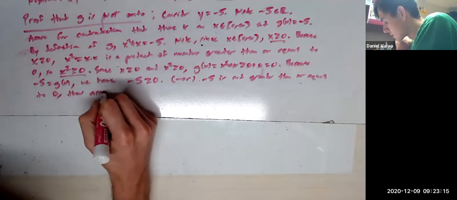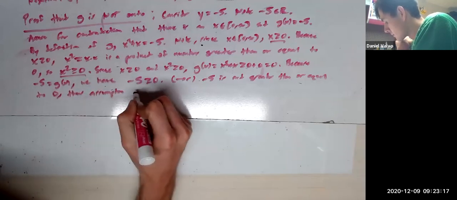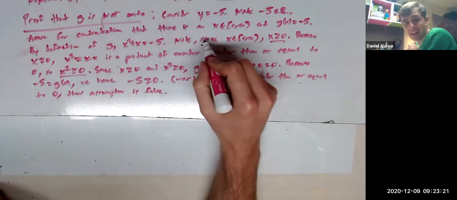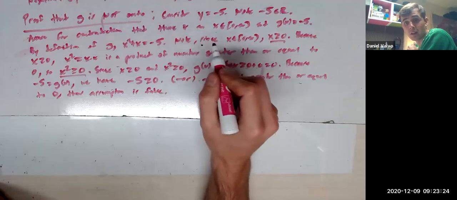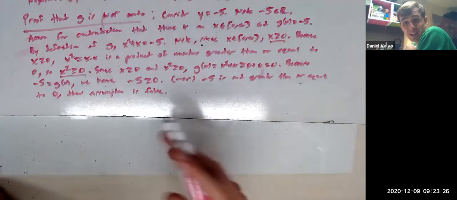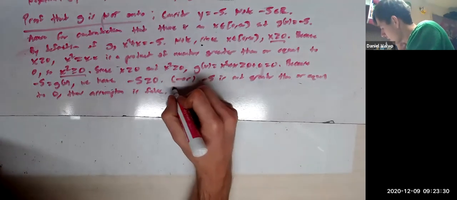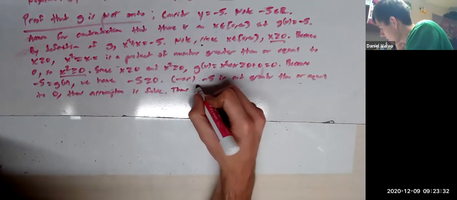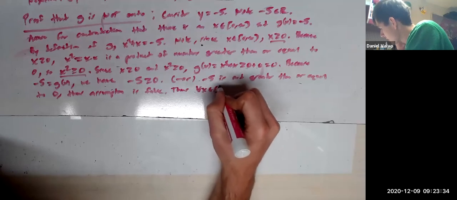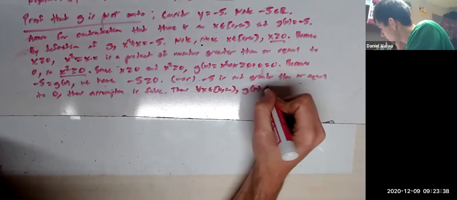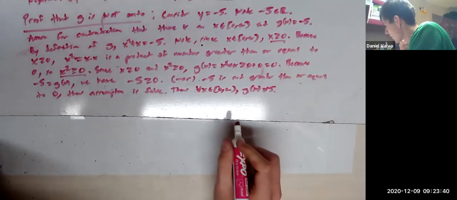Thus, the assumption is false. Our assumption was that there exists an x you could plug in to get -5. So that assumption is false. That means for all x you plug in, you won't get -5. Thus, for all x in 0 to infinity, g of x does not equal -5.